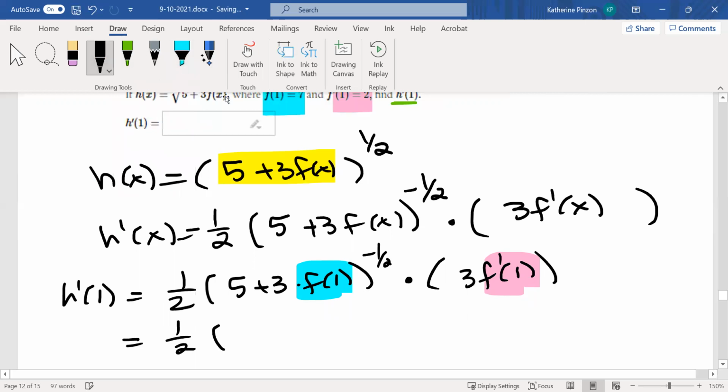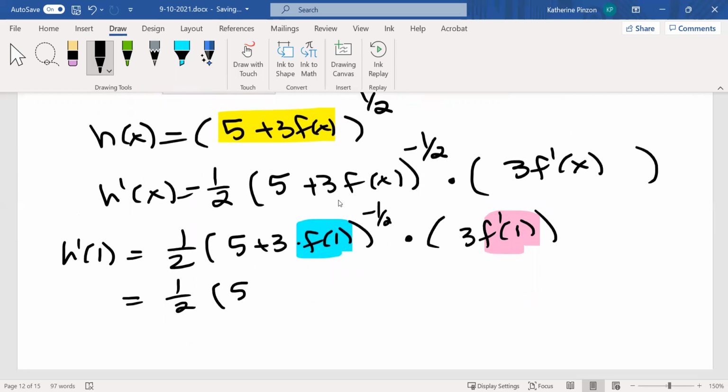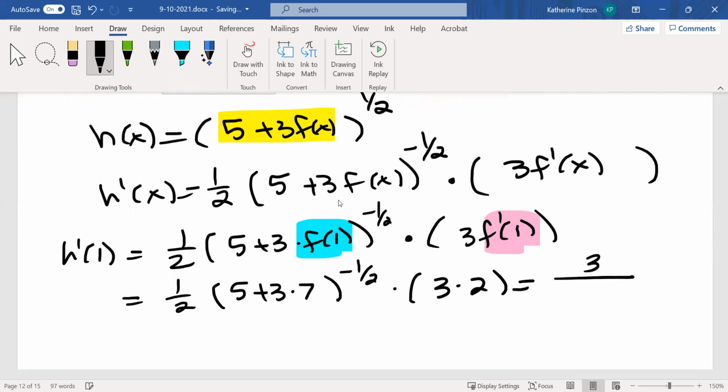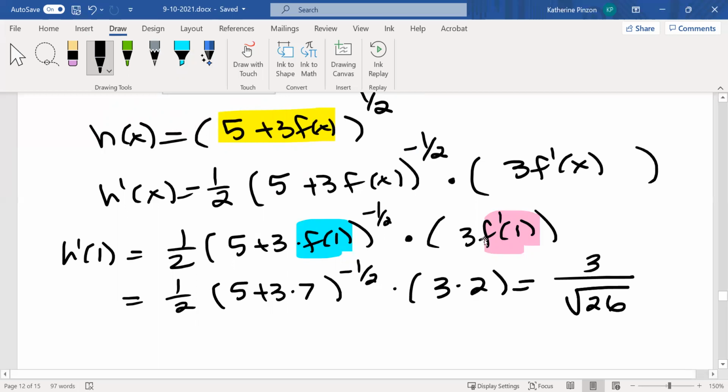So 1/2 times 5 plus 3 times 7 to the negative 1/2 times 3 times 2. Some number. 3 over square root 26. 3 times 7 is 21 plus 5 is 26. This is square root in the bottom. 2's cancel, I'll leave a 3, but you could just get that decimal, right? Put this in Desmos, get that decimal.